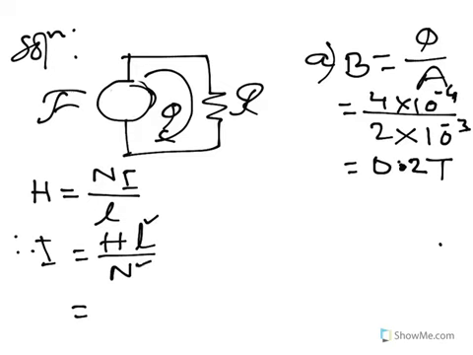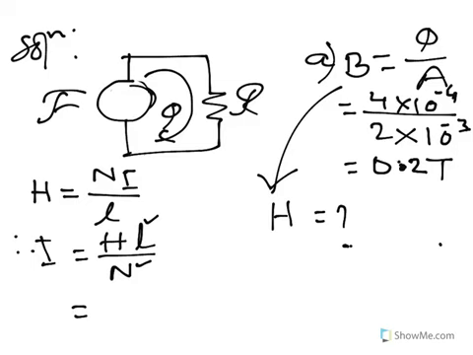We have the value of B, so we have to find the value of H from B, and we have to get that from the BH curve.